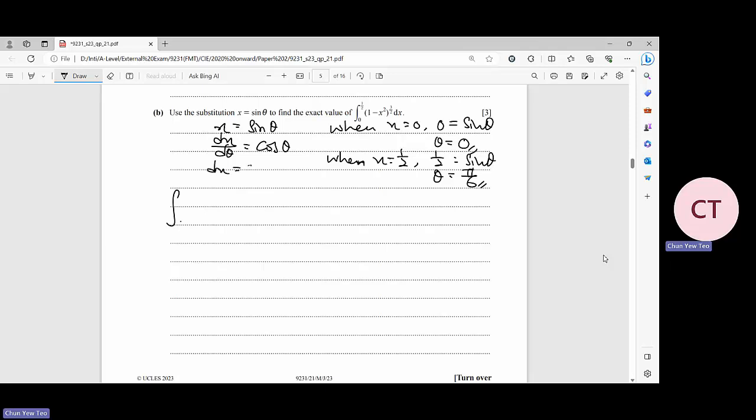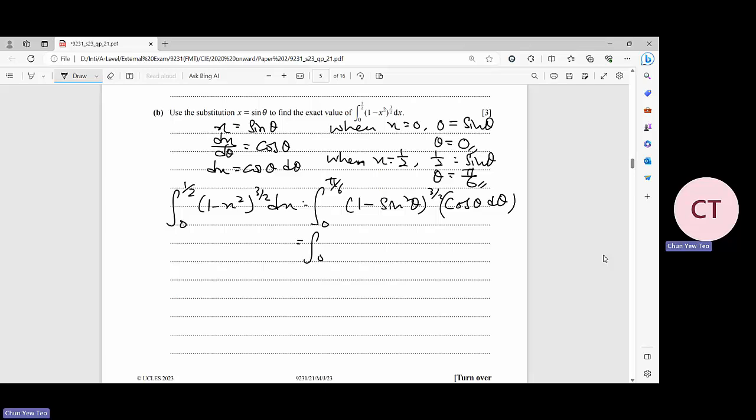The dx is equal to cos theta d theta. So now, ready. These are the limits. Convert it to become 0 and pi over 6. This one will become 1 minus sine squared to the power 3 over 2, times cos theta d theta.